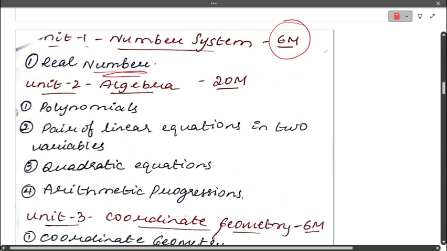The second unit, called Algebra, contains 4 chapters: polynomials, pair of linear equations in 2 variables, quadratic equations, and arithmetic progressions. The weightage for each chapter keeps changing, but for the unit, the weightage is 20 marks.